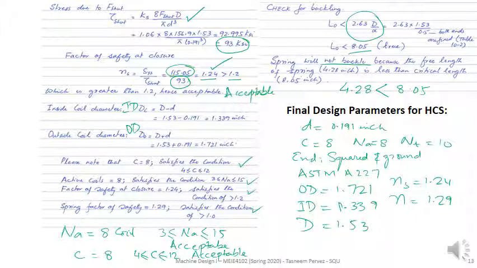We can also write what is the solid length of the spring. The solid length came as 1.91. So all these are in inches.